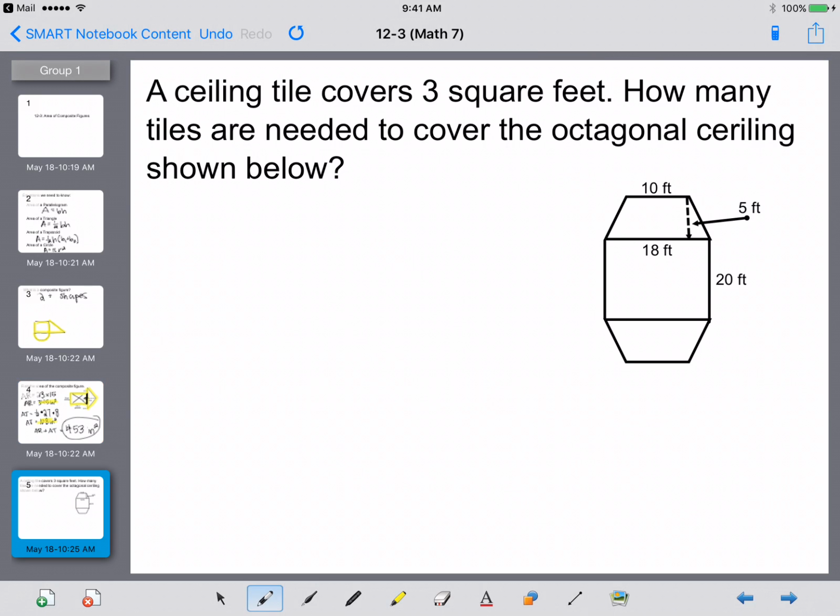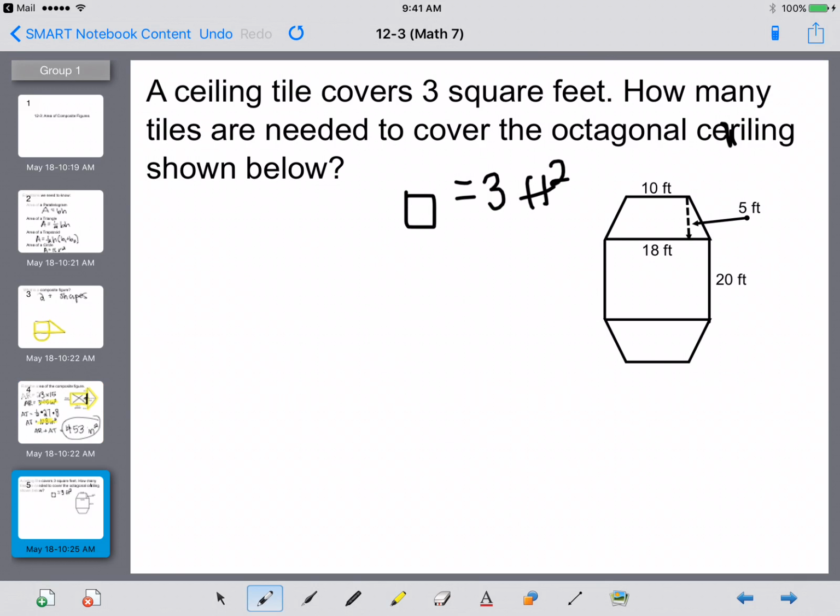And finally, we have a ceiling tile covers 3 square feet. So one little tile is 3 square feet. We want to know how many of these little tiles are going to fit on the octagonal ceiling shown below, so over here. So we've got to break her down.